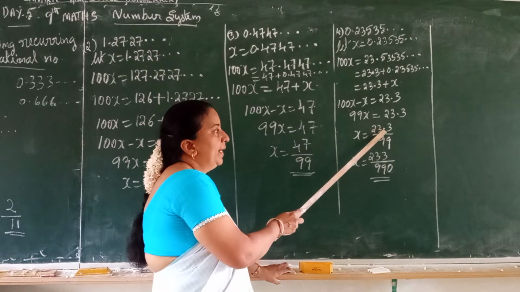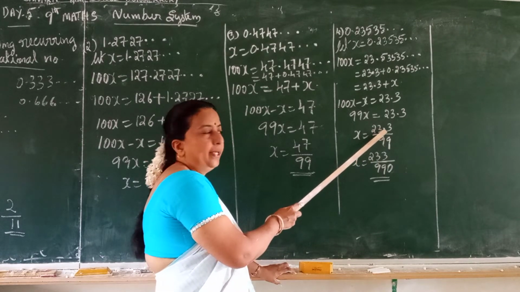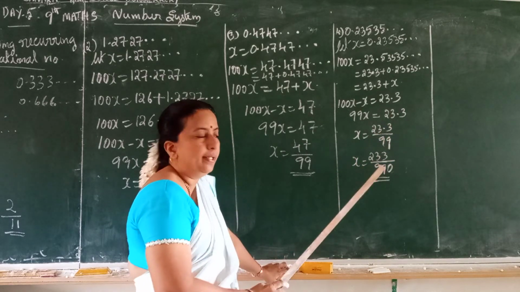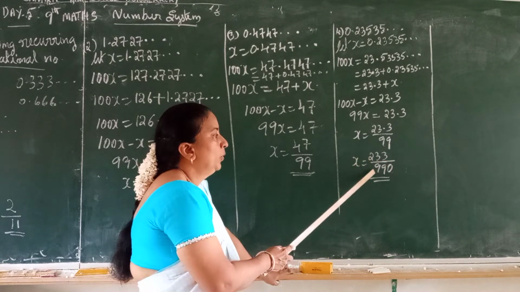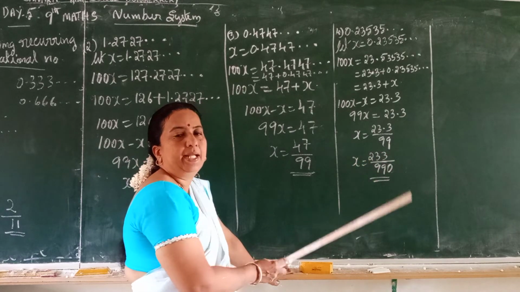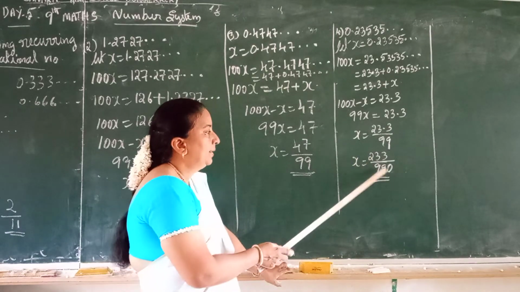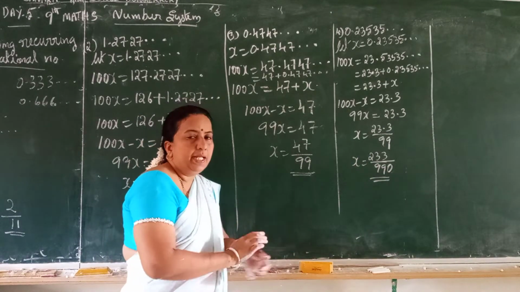We have to eliminate one decimal place in the numerator. So multiply by 10 to both numerator and denominator. It will become 233 divided by 990.